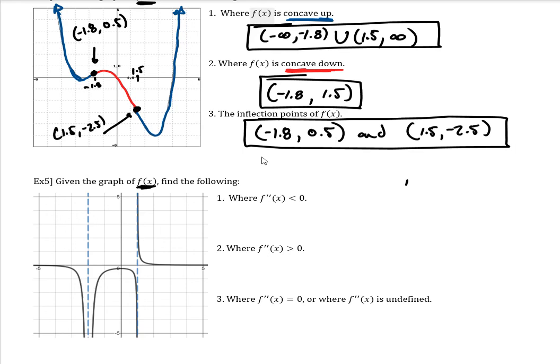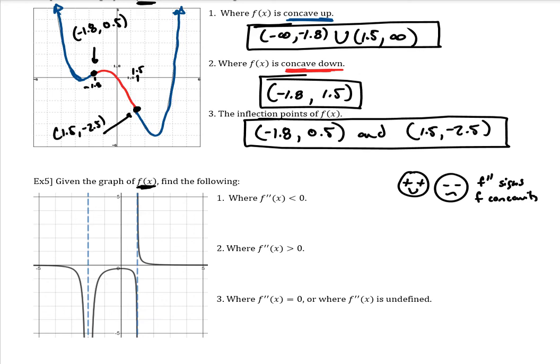Whenever I see the second derivative, I usually just draw these two people. So in that first one, let me try that. There we go. I know those are the signs, and then this is the concavity. This is f double prime less than 0.